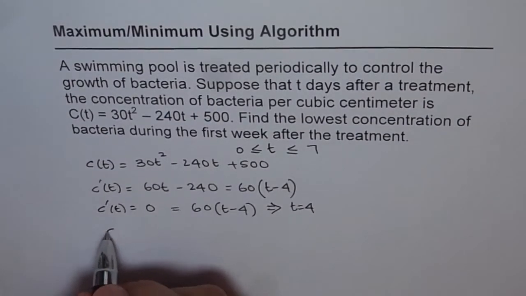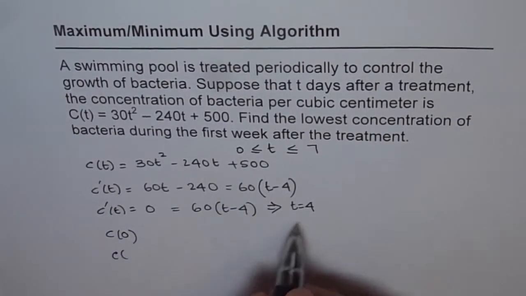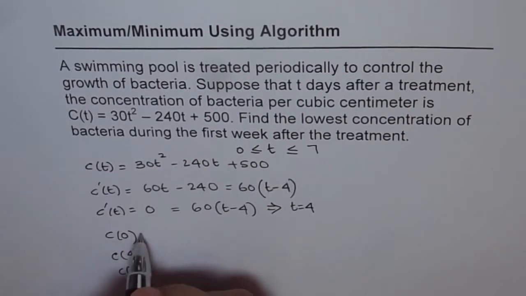So now we need to find the value of the function at 0, at 4 and at 7, right?